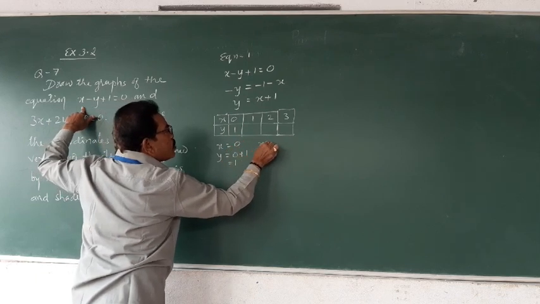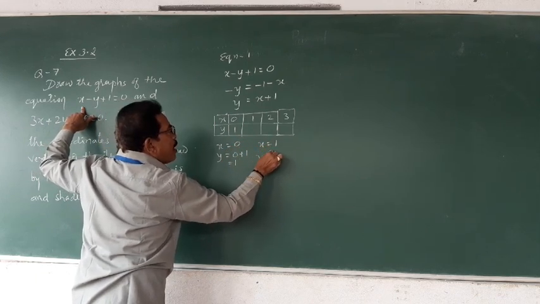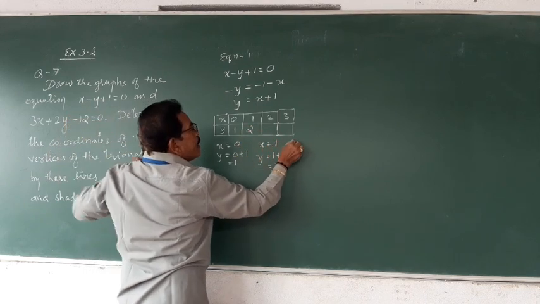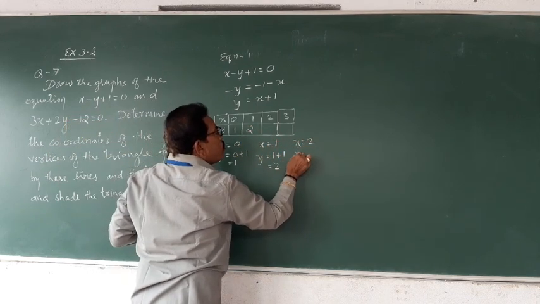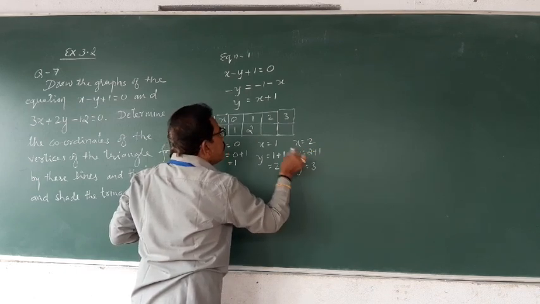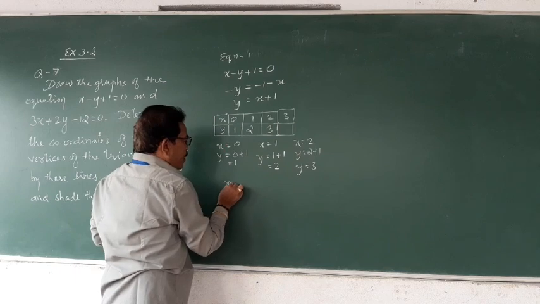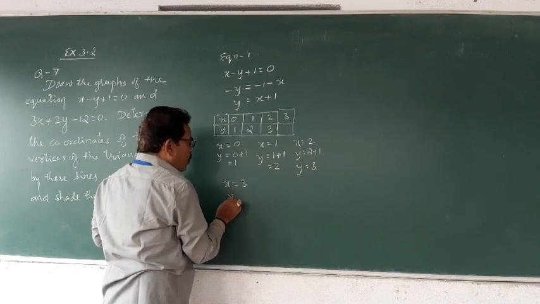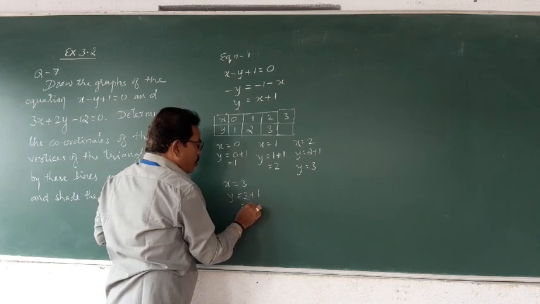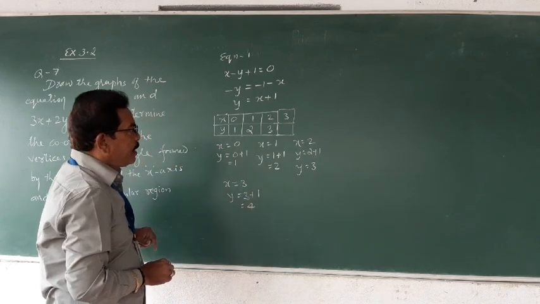Then x equals 1, y equals 1 plus 1, which is 2. X equals 2, y equals 2 plus 1, that is 3. X equals 3, y equals 3 plus 1, which equals 4.